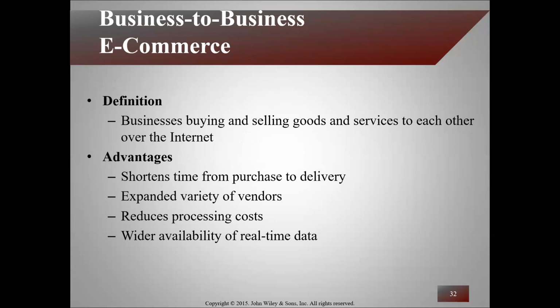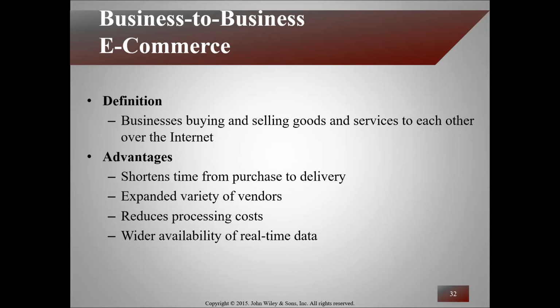While there has been tremendous growth in retail e-commerce, it is dwarfed by business-to-business e-commerce. For example, businesses buying and selling goods and services to each other over the internet. Buying materials online shortens the time from purchase to delivery and also allows businesses to shop from vendors all over the world.